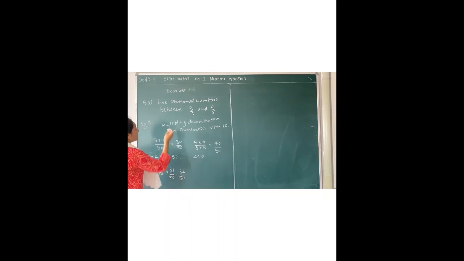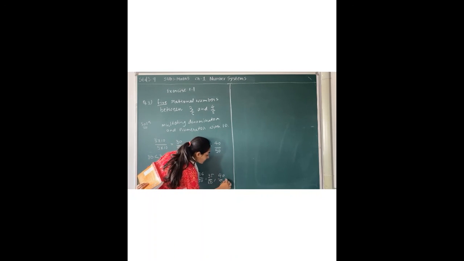You have to write only how many rational numbers? 5 rational numbers: 31, 32, 33, 34, 35, and you can simply stop over here. 40 by 50 is nothing but 4 by 5 only.